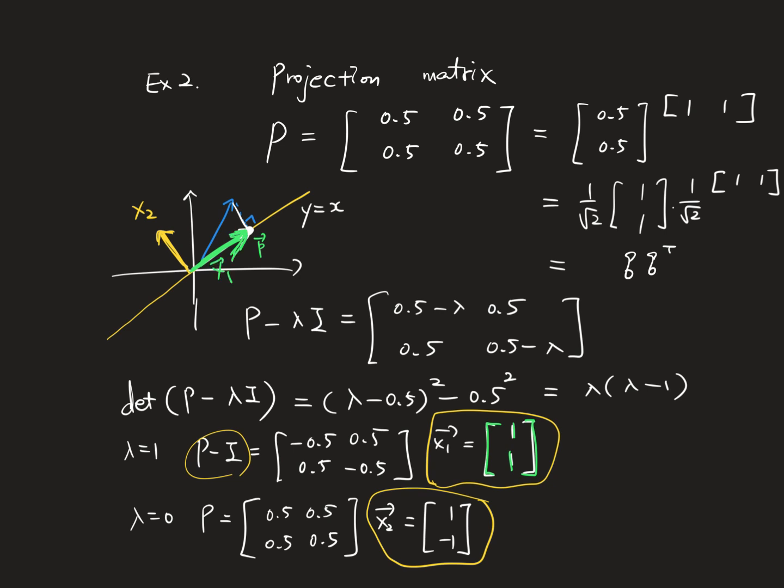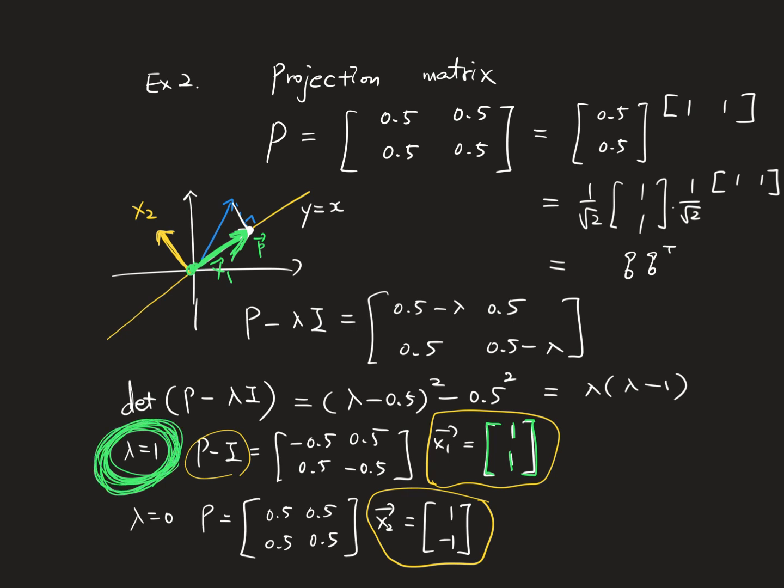Obviously, after projection x1 stays the same, so that's why lambda is equal to 1. That means after multiplying by P, after projection, it does not change. The meaning of lambda equal to 1 is that after applying the operator, that component stays the same. And lambda equal to 0 means it's gone. After multiplying by the P matrix, it's gone, because the x2 component, after projection onto the line y equals x, leaves nothing, since we get a zero vector.